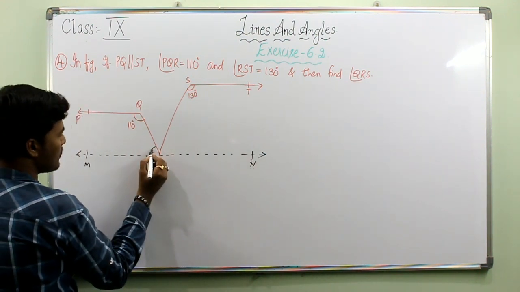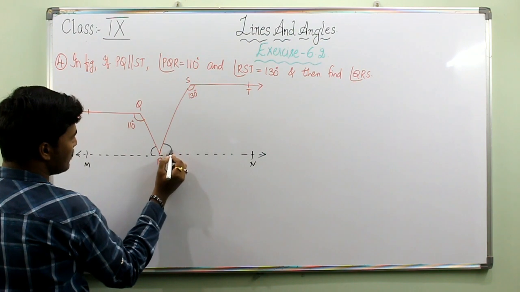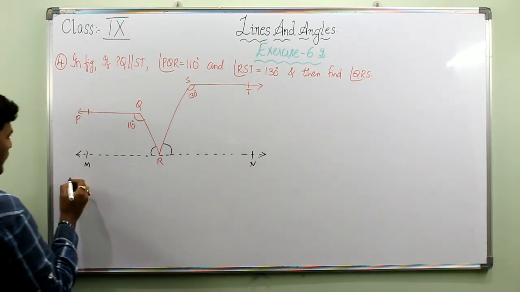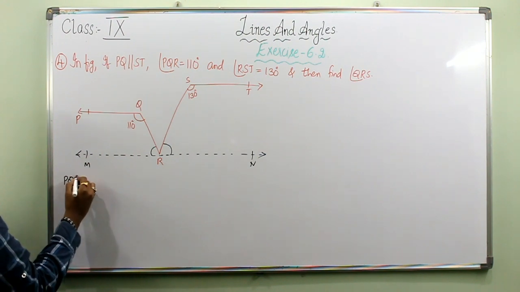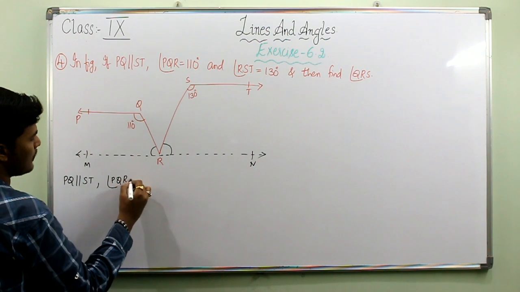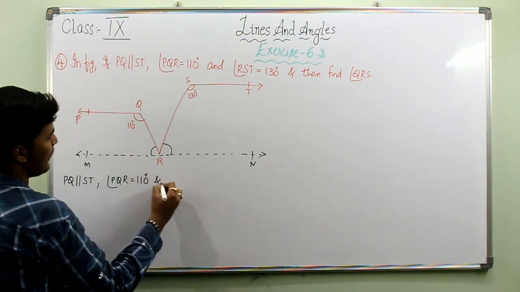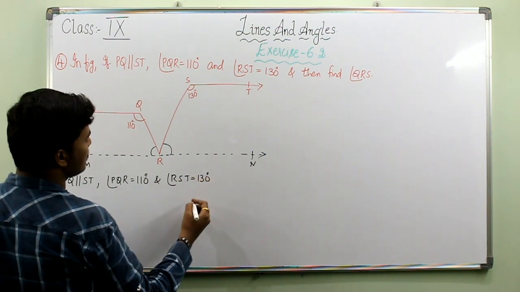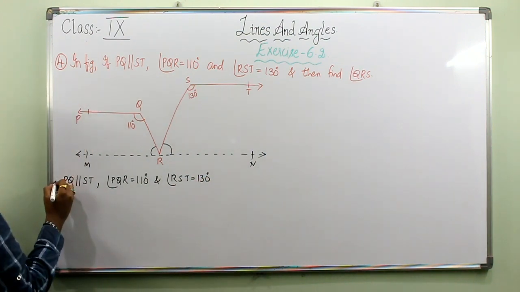Let us write: PQ is parallel to ST, PQR is equal to 110 and RST is equal to 130 degrees. This is given to us.